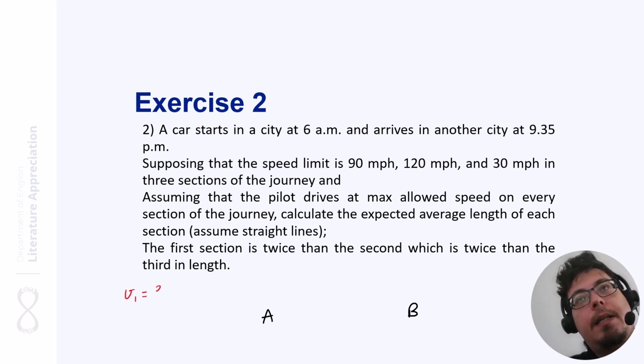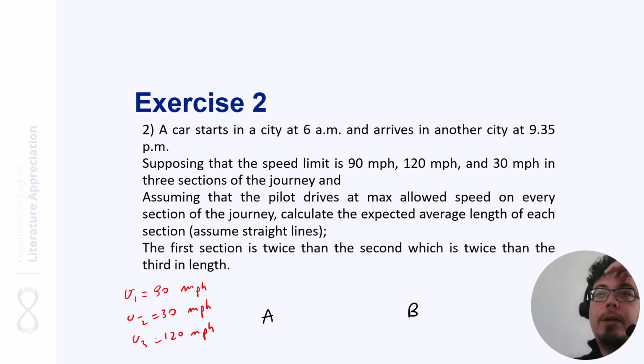V1 is 90 miles per hour. V2 is 30 miles per hour, so it'll be slower, and then V3 is 100 miles per hour, quite quick. Suppose we travel in each section with the same speed, so we abruptly change the velocity at the end of each section.